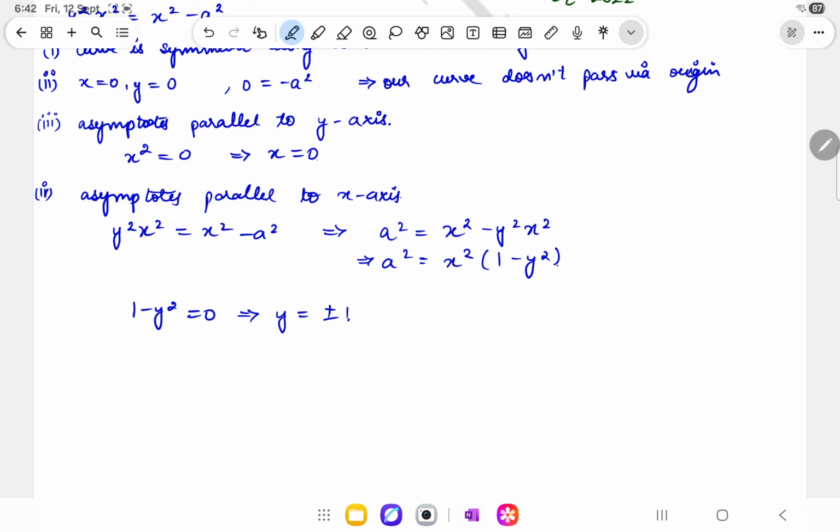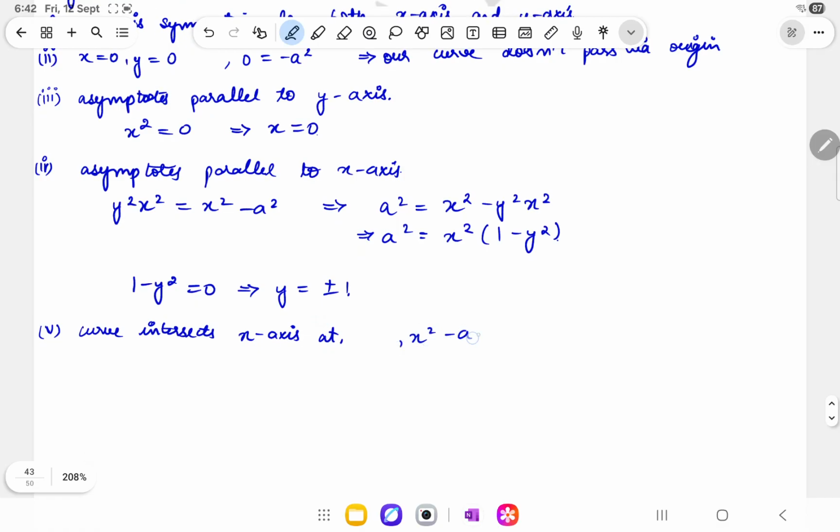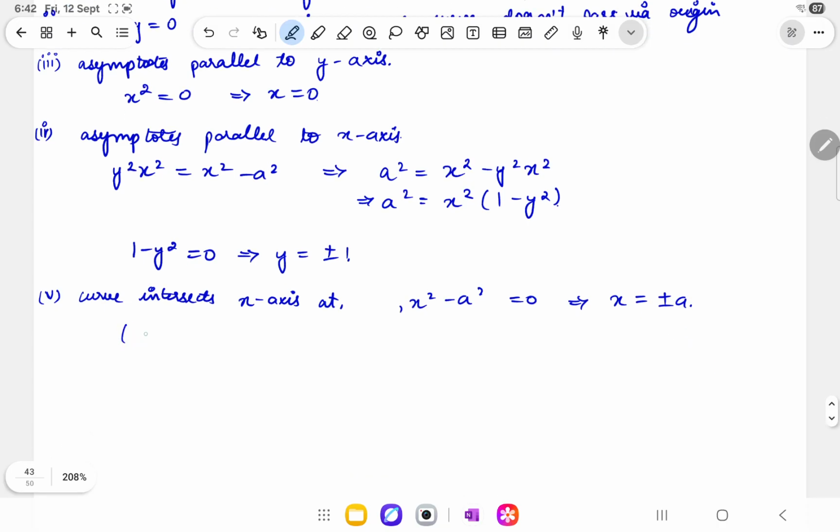Now let's check other behavior, like where it intersects the x-axis and y-axis. The curve intersects the x-axis where, if I put y equals 0, I get x square minus a square equals 0. So x equals plus minus a. So my curve intersects the x-axis at (a, 0) and (minus a, 0).